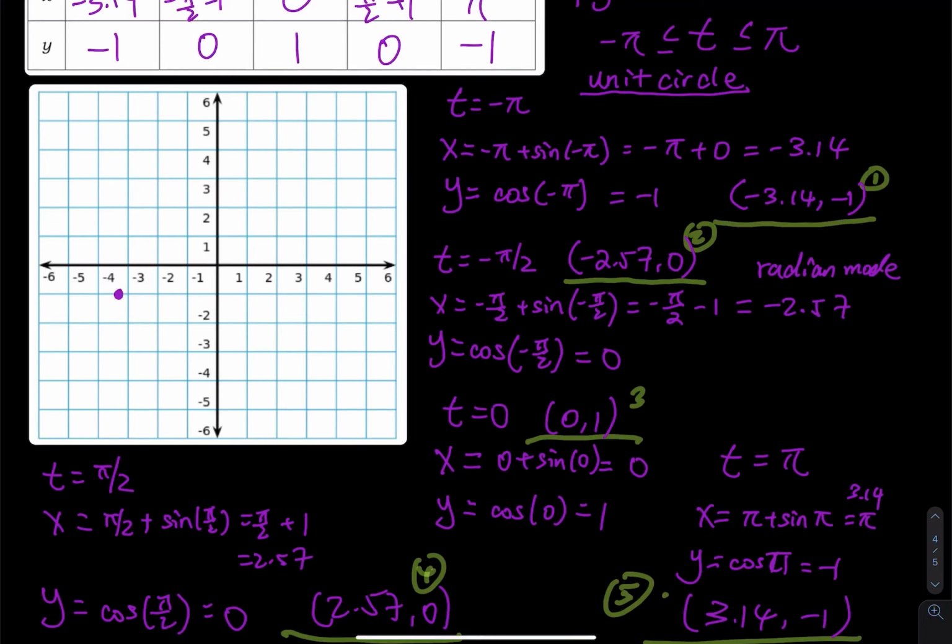And then the next point is 0, 1. And then the next point is 2.57, 0, positive. And then the last point is 3.14, -1. So it looks like a semicircle to me. So this is the direction, and then my orientation is this.